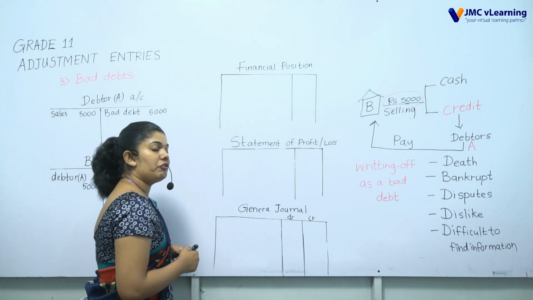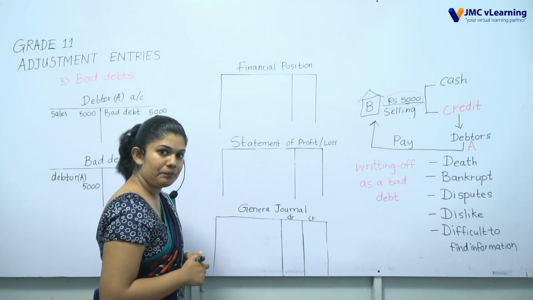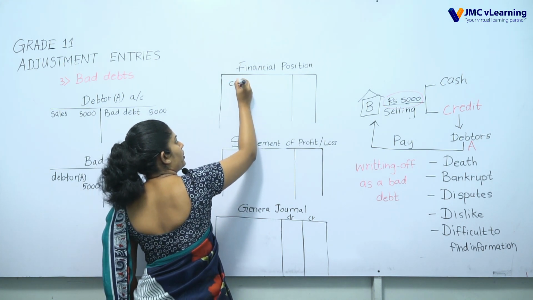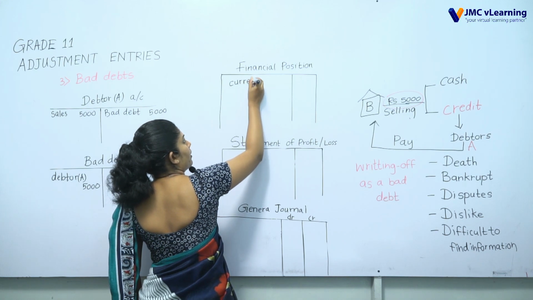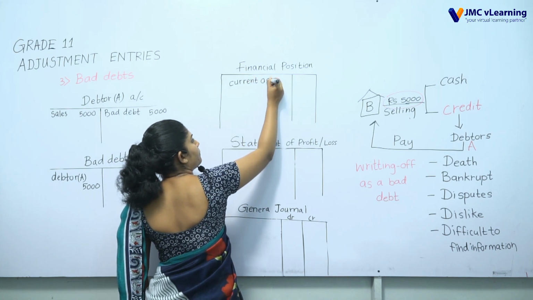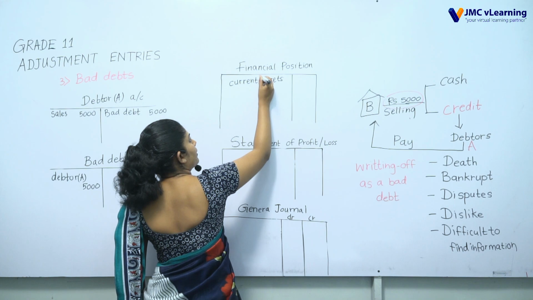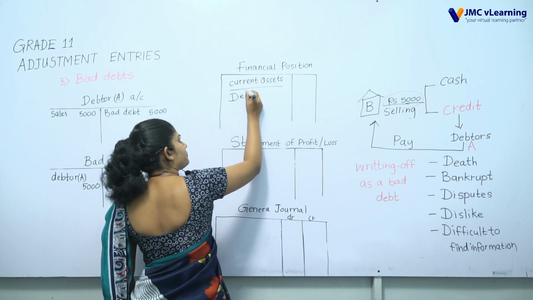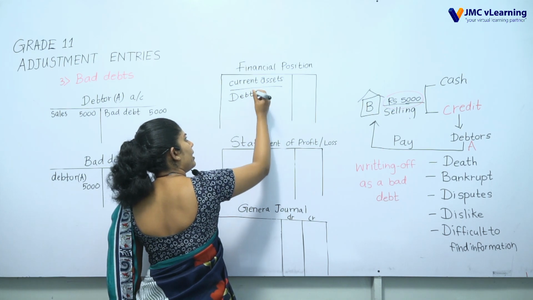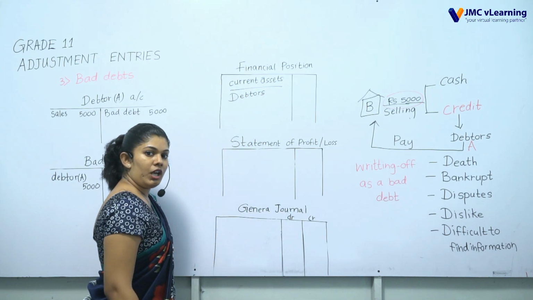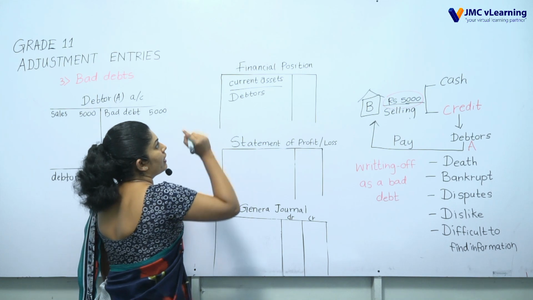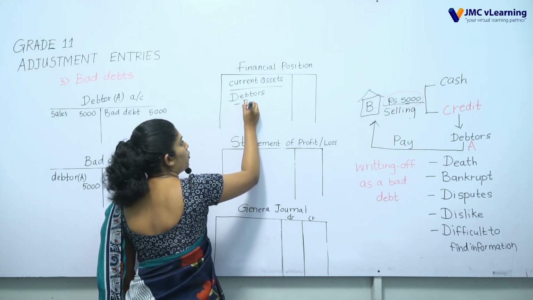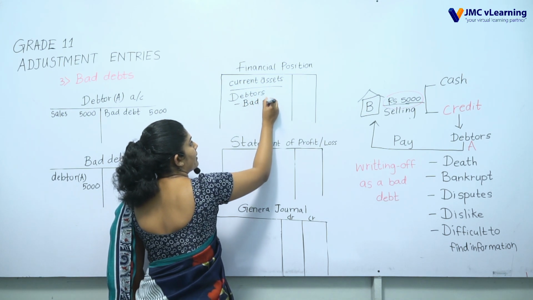Financial position. How to record this in the financial position? There's nothing to record but to identify. Current assets. Under current assets, debtor balance is there. When you record this debtors balance here, you have to remove bad debts.